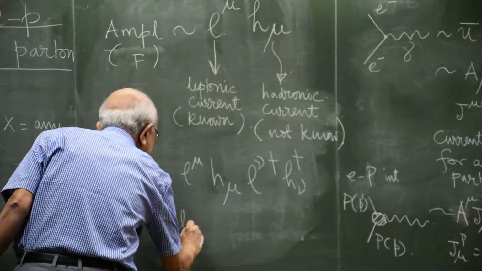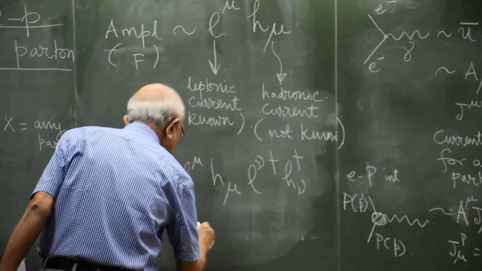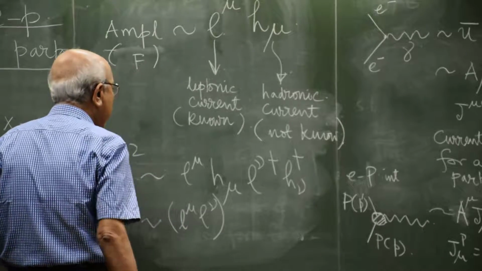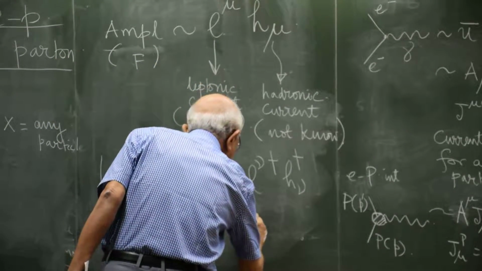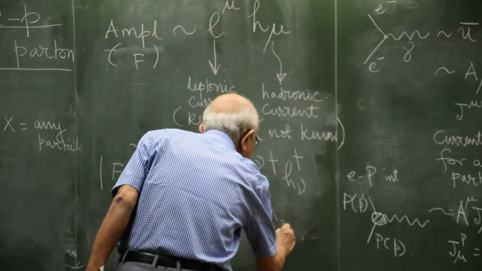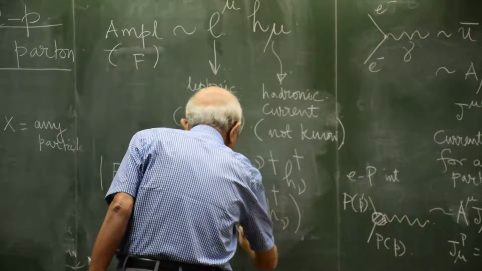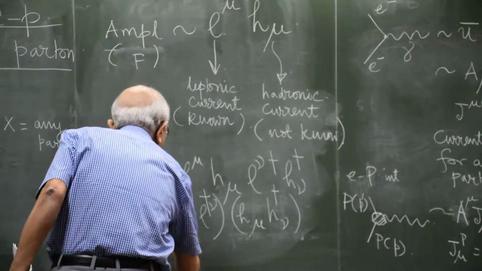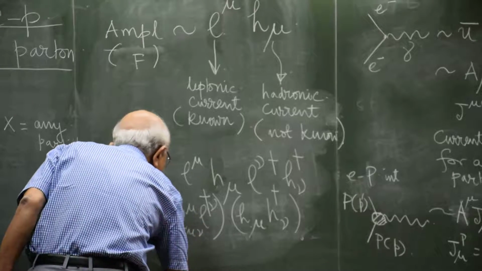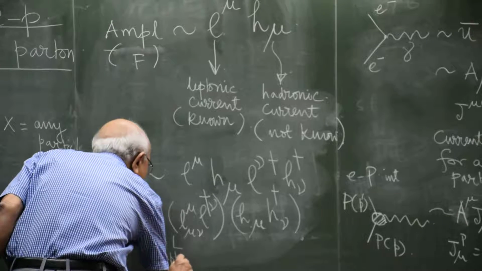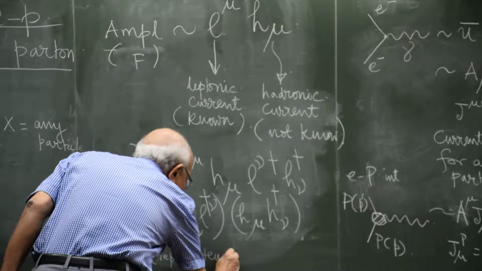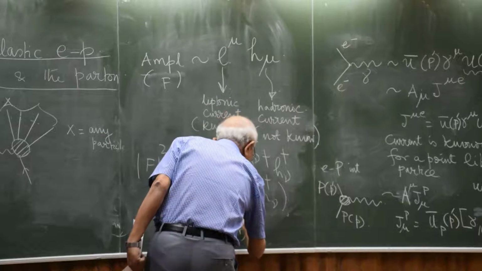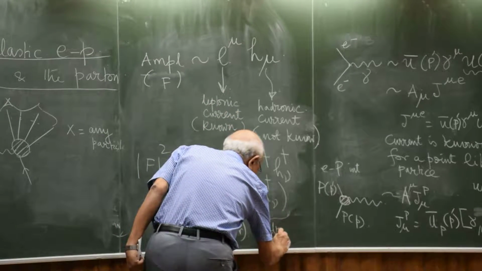And let me write this as L mu nu, H mu nu dagger, and I give a name, I call it L mu nu. In textbooks, this is normally referred to as the electronic tensor. And this is known, of course.